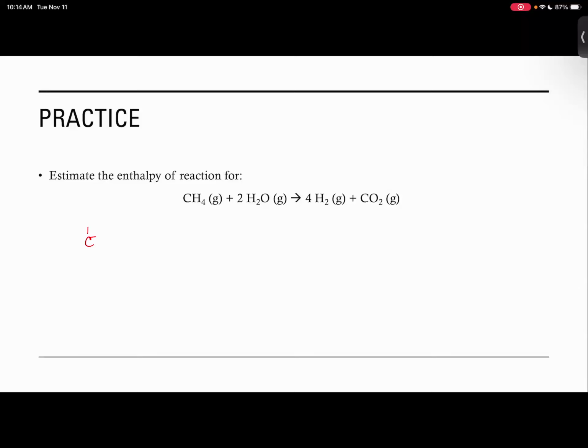Methane is CH4, plus we have 2 water molecules going to form 4 H2 molecules plus a CO2 molecule.